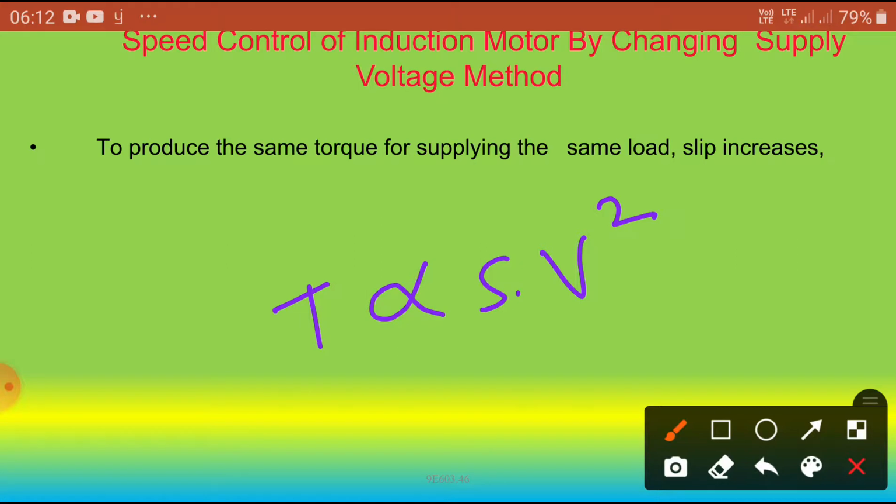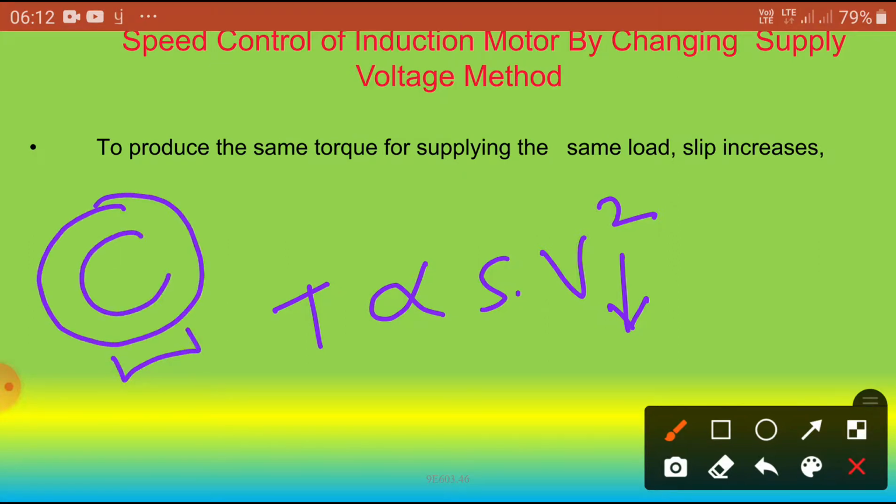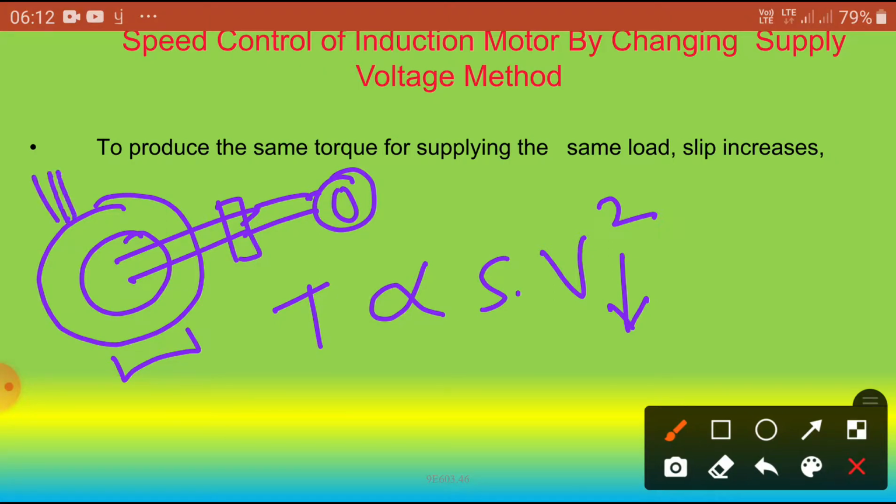Now what happens if we decrease the input voltage but still need to meet the same load? The motor is running, connected mechanically to some application. If the normal voltage V is applied, the motor is running at normal speed and meeting our application.